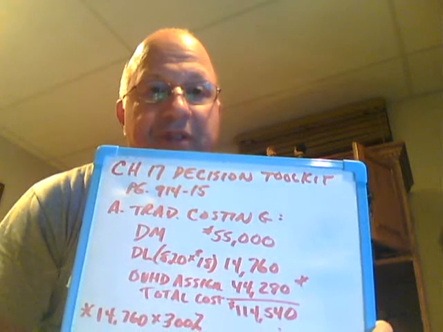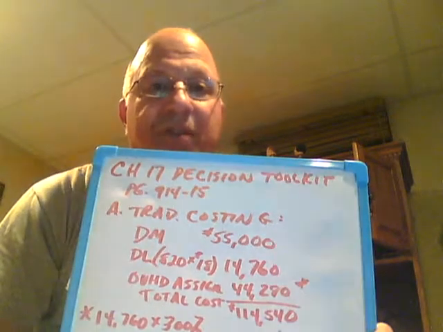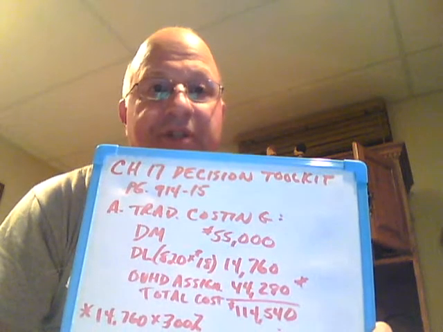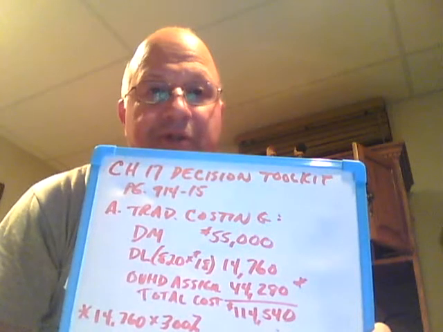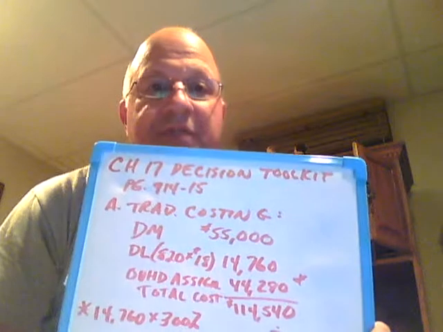And using the traditional method, you were given some information regarding direct materials, direct labor of 820 hours costing $18 per hour, and then an overhead applied rate under the traditional method. We're using a single rate here of 300%.